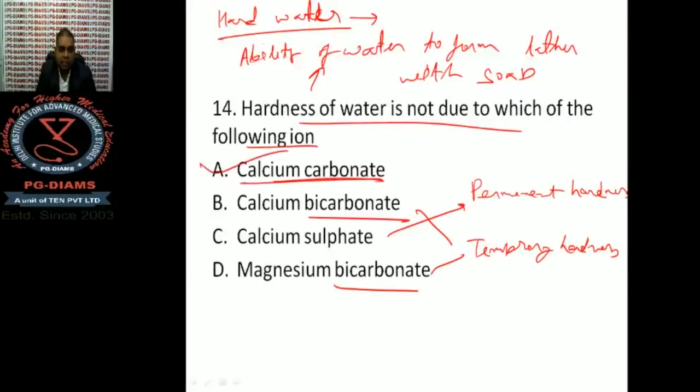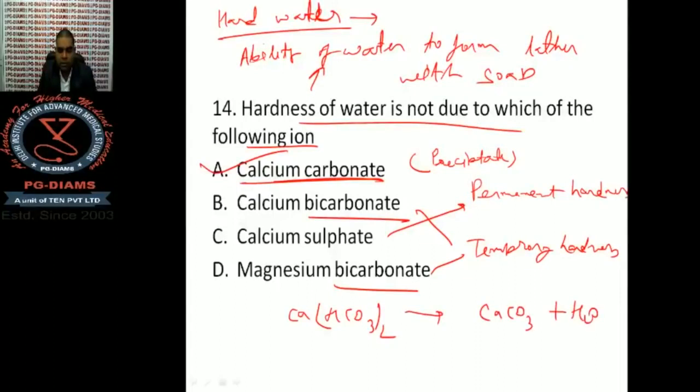In fact, calcium carbonate is formed as a precipitate after boiling. Suppose this is calcium bicarbonate. After boiling, it leads to formation of calcium carbonate plus H2O plus CO2. So this calcium carbonate is formed as a precipitate and is not responsible for hardness of water.